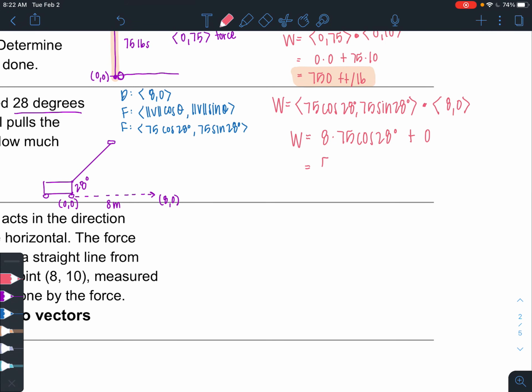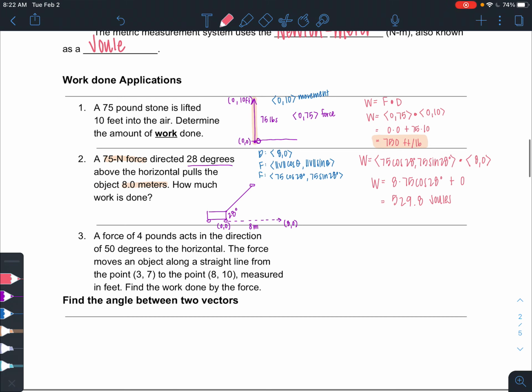So we have 529.76, and we'll leave it as 529.8, and that is joules because it's Newton meters. All right, for this next one, go ahead and draw a picture.